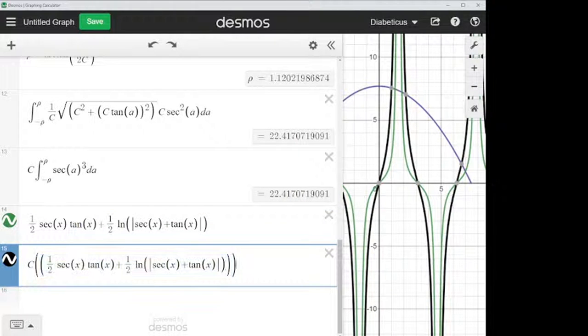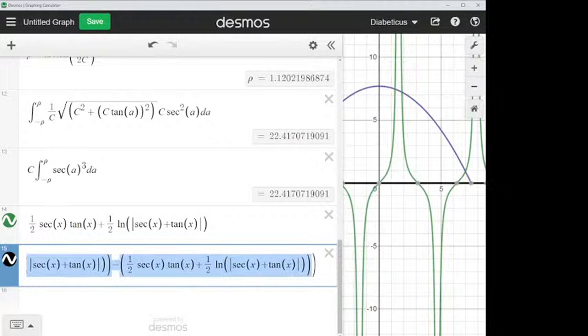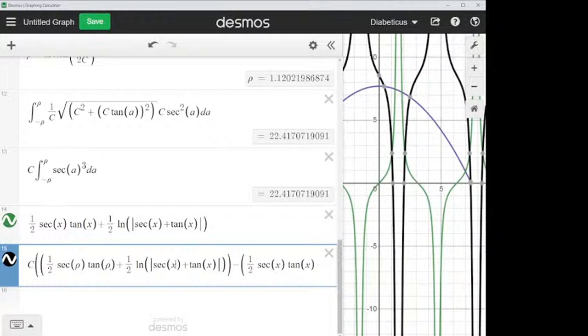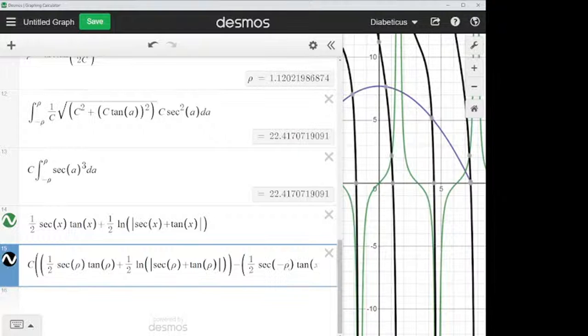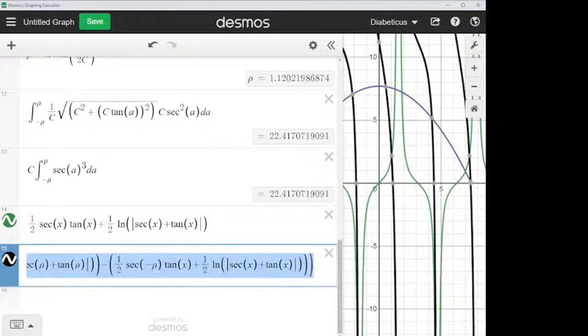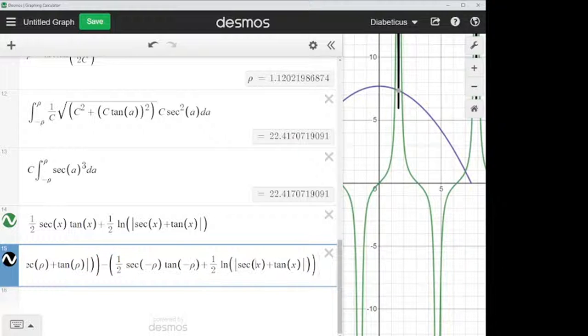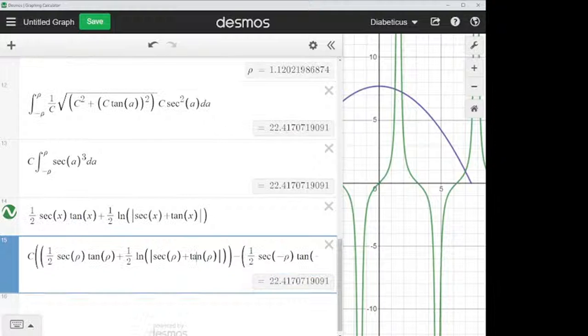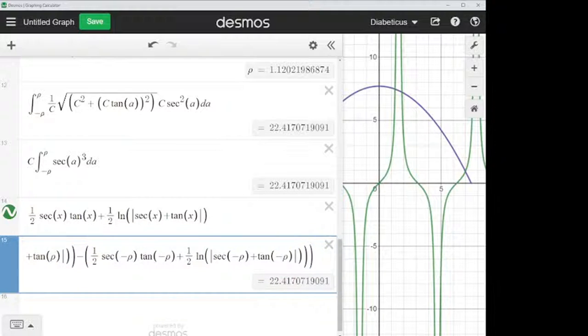Okay, and then minus the entire thing, and replace this with negative rho. Okay, we're still on the same number. And you know what? Technically, we can stop here. And hey, we're done. We don't have any x's, no integrals. You can decide to edit here and there.